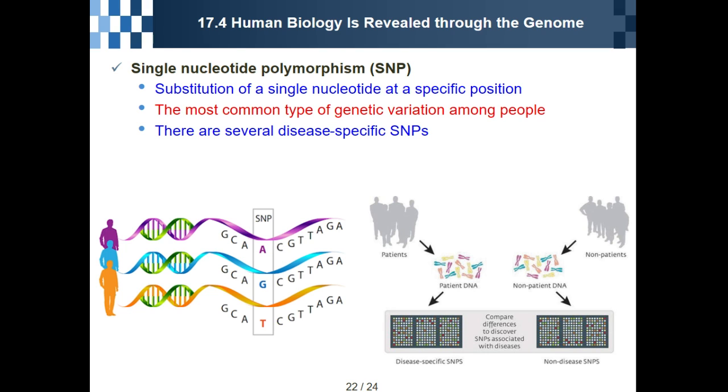So based on this information, for example, after we sequenced Park Soo-bin's genome, we can say that Park Soo-bin has a higher possibility of some kind of cancer or disease like this. Okay?